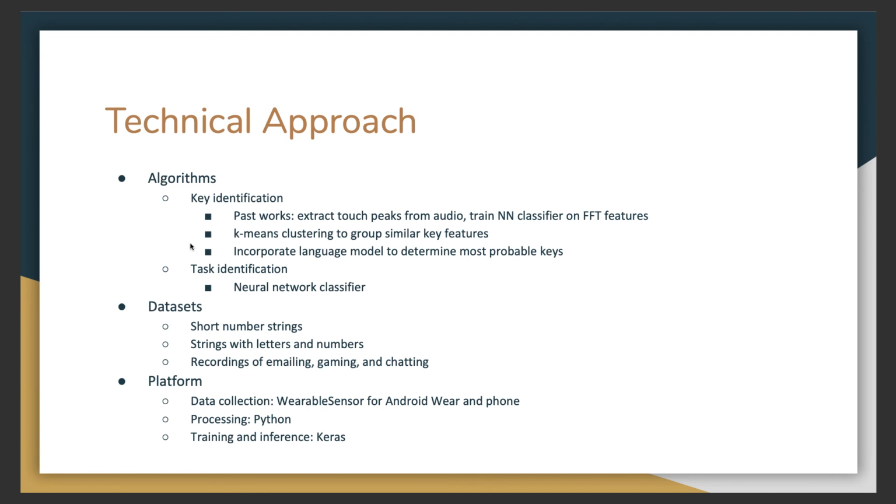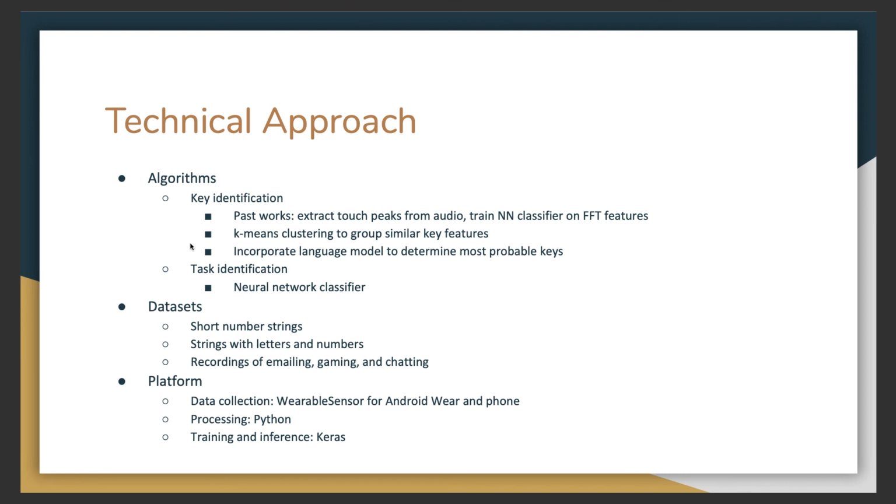For the task identification phase, we will just have the user perform these three tasks: emailing, gaming, and chatting, for a long period of time. The idea is we need a huge data set for adequate accuracy.